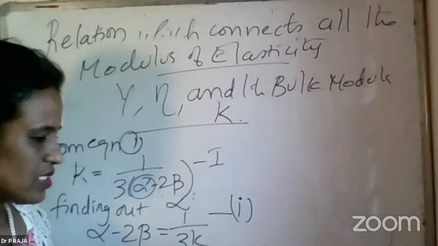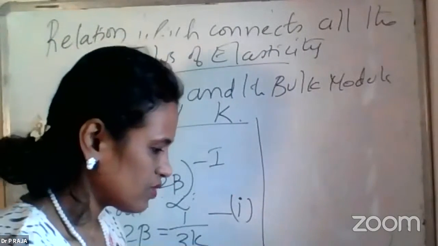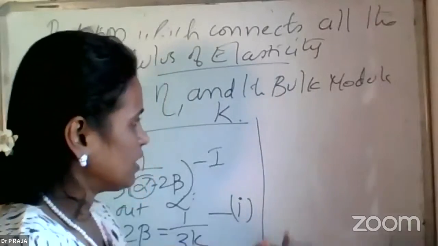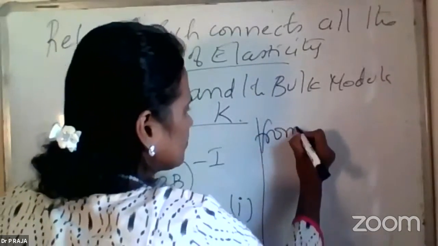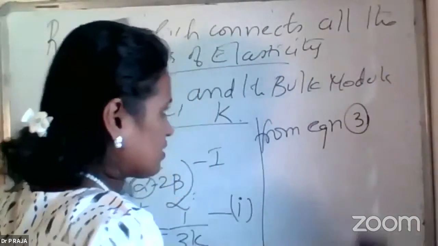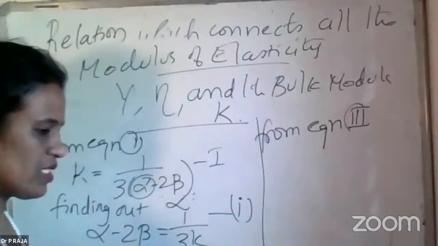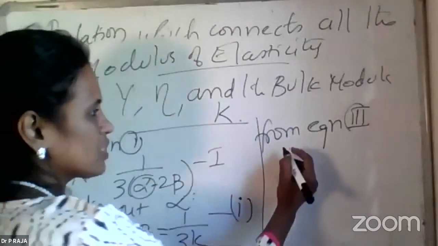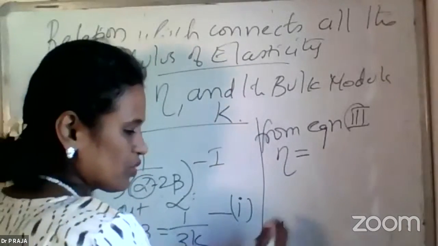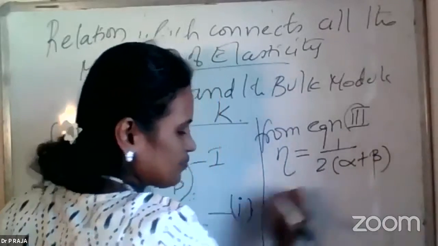Now let's move on in the same way from equation 3. What was our equation 3? It's with respect to the modulus of rigidity, eta: eta is equal to 1 by 2 into alpha plus beta.